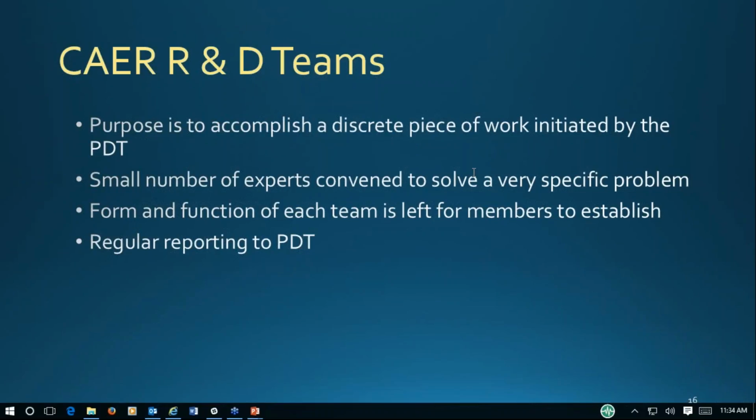So hopefully we'll draw on a large number of experts to work on these R&D teams, to share not only the development but the understanding of what we're trying to accomplish, so it all moves together without being a burden on any one or two different regulatory partners or reporting elements.